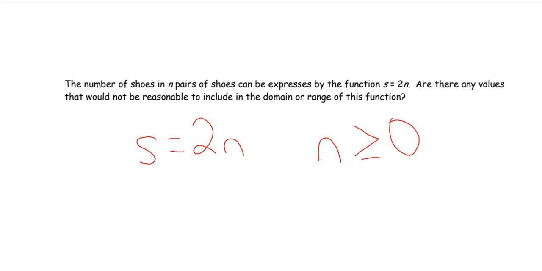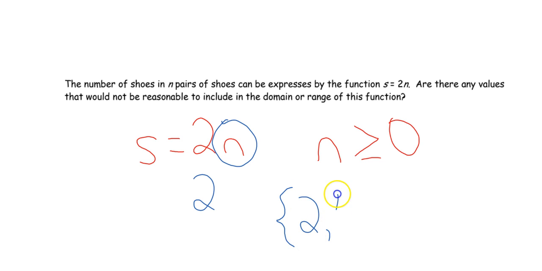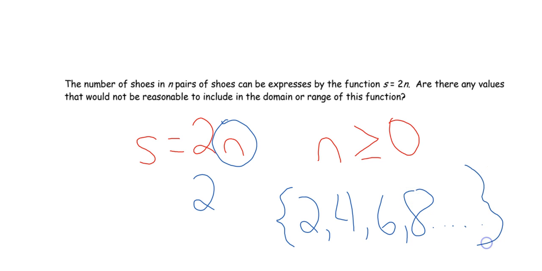Now, when I think about my range, which is my output, which in this case is going to be my s's, this is a little bit different because I can't have one shoe. Because if I have one pair, that means I have 2 shoes. So my output is going to have to be my set of even numbers.